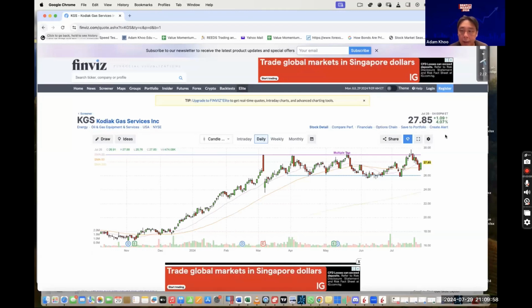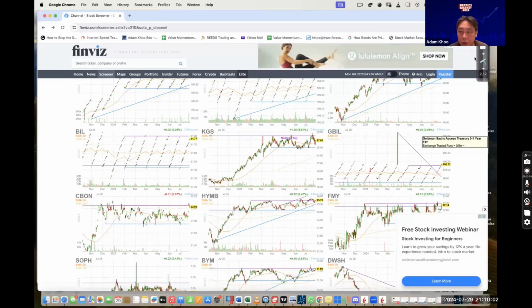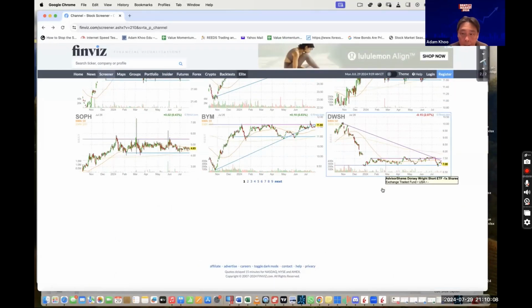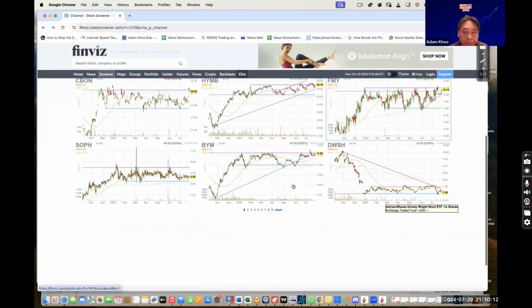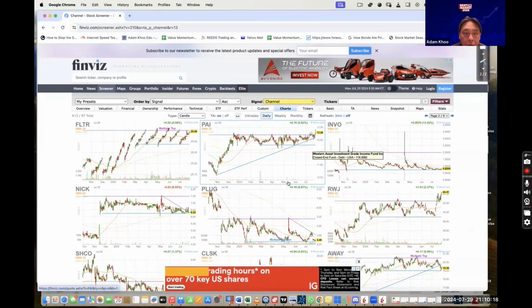Let's see if we can find some examples of stocks that are near the setup right now. Hold on. Let's see. This one looks a bit weird. That's not a normal stock. This already broke above the resistance, so it's out of stage 1.